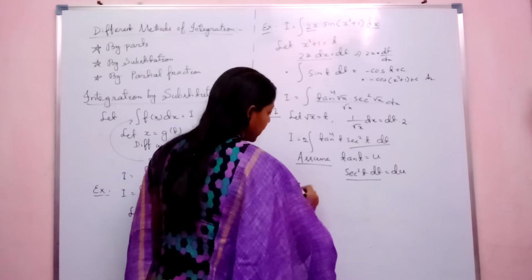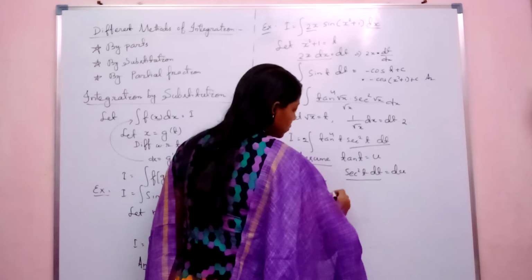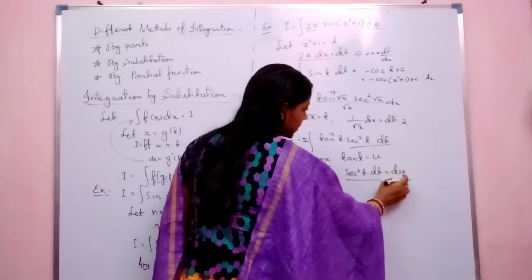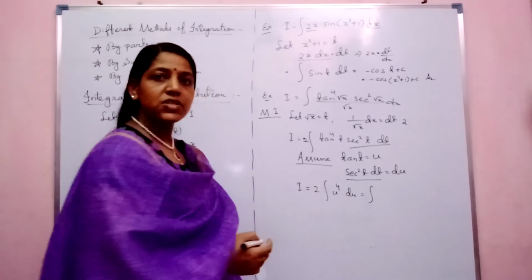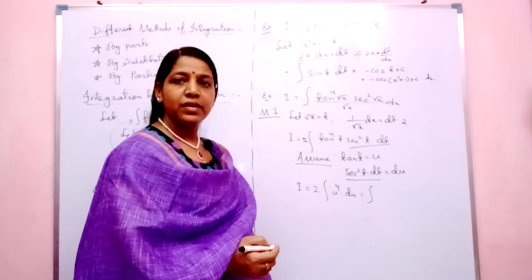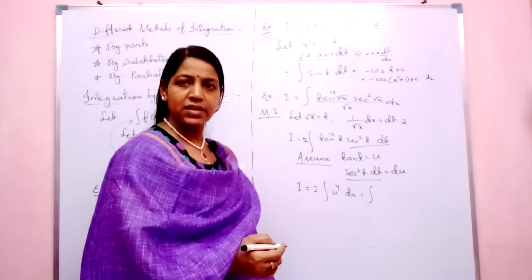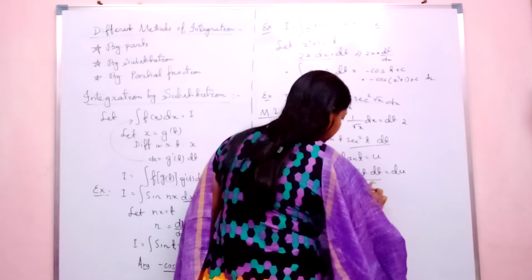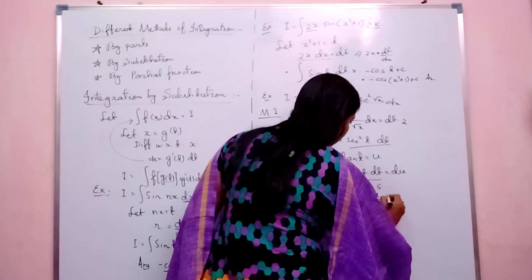So what is my integration now? Integration of u to the power 4 du. Now apply the basic integration formula: x to the power n dx is x to the power n plus 1 by n plus 1 plus c. Yes or no? So here it will be u to the power 5 by 5 plus c.